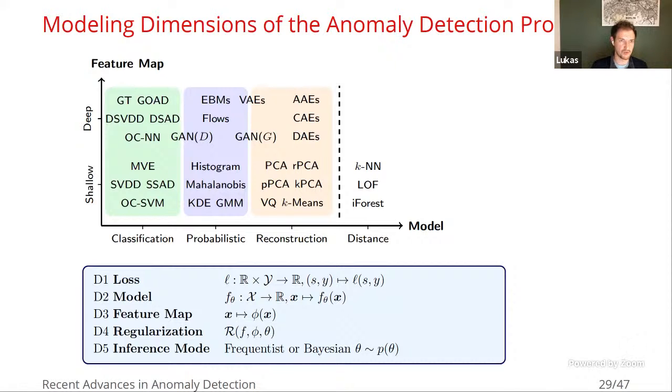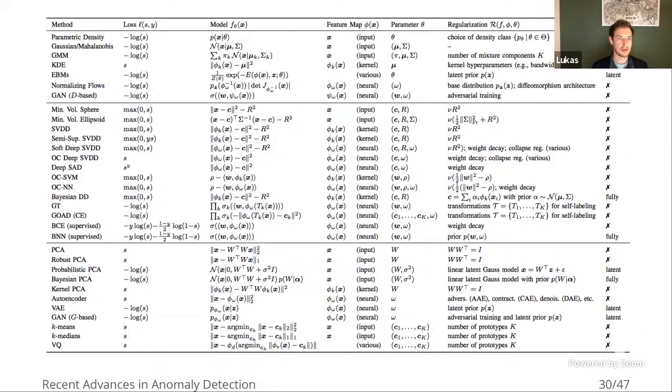And this allows us to categorize these methods in a systematic manner. So to see the differences and similarities, but also potentially what new directions arise from this. So here in this big wall of methods.